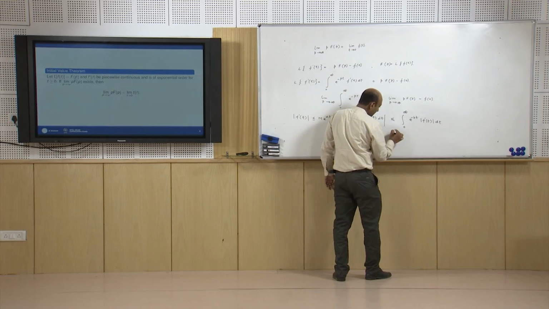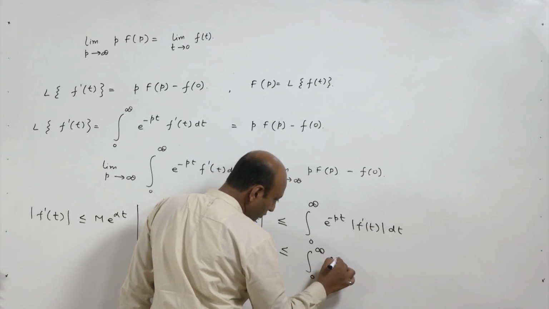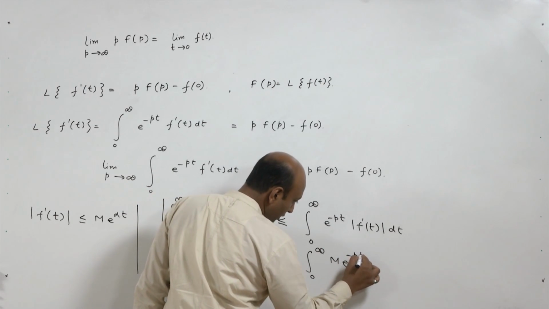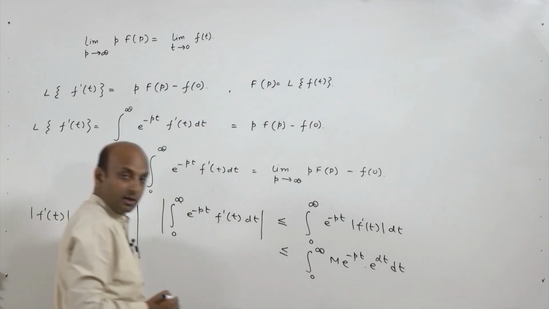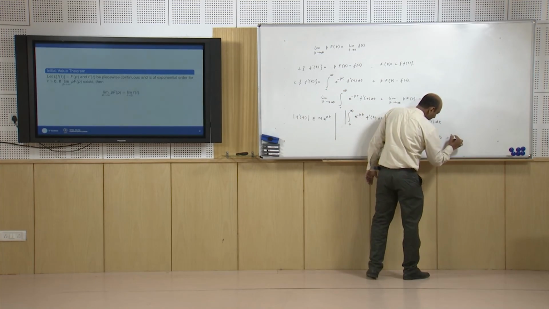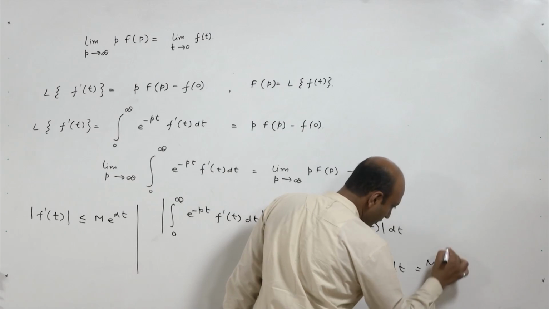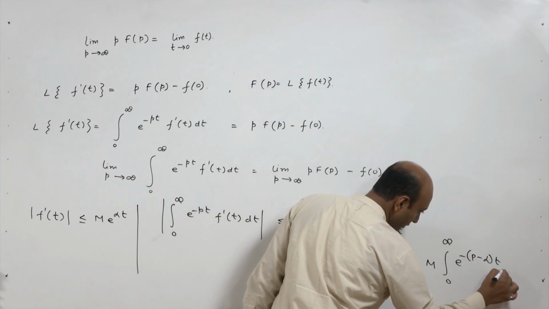So, it is again less than or equal to the integral from 0 to infinity of M times e to the power minus pt times e to the power alpha t dt, and this quantity is nothing but M times the integral from 0 to infinity of e to the power minus (p minus alpha) t dt.